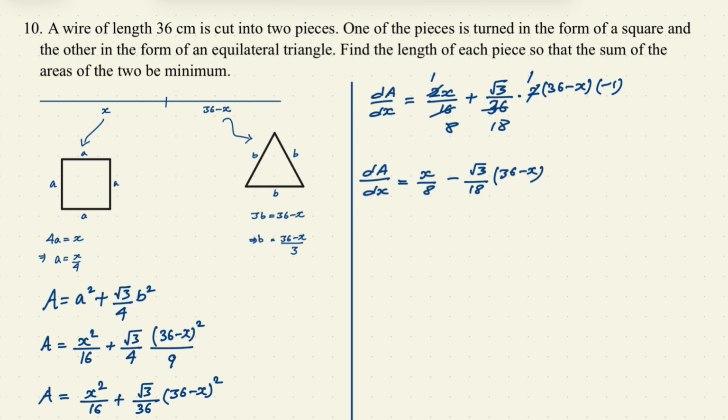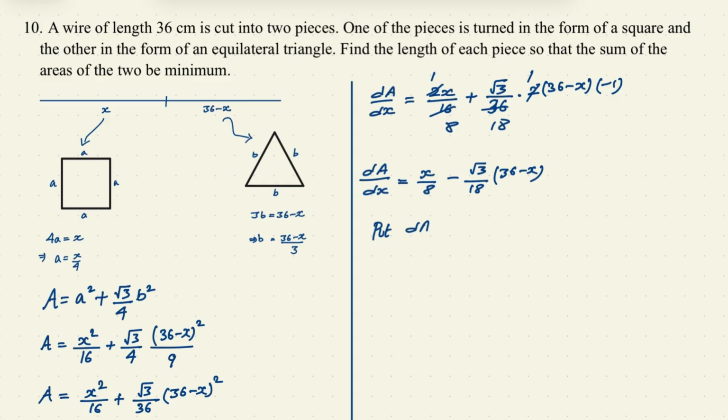Now we are interested in finding the minimum value of x. So to find the critical point we will put dA over dx equal to 0. On doing so I'll get x by 8 minus root 3 by 18 into (36 minus x) equals 0, and this implies x by 8 equals root 3 by 18 into (36 minus x).